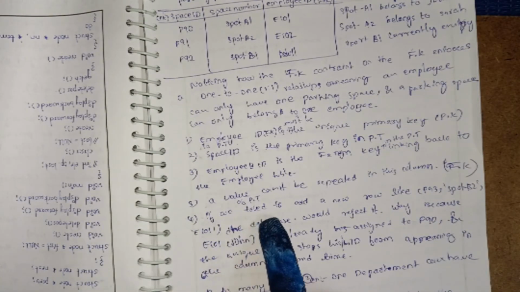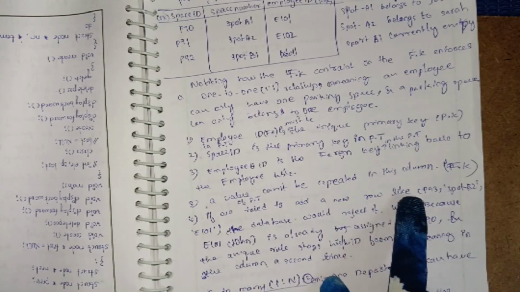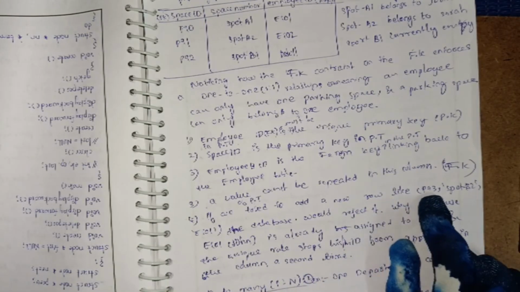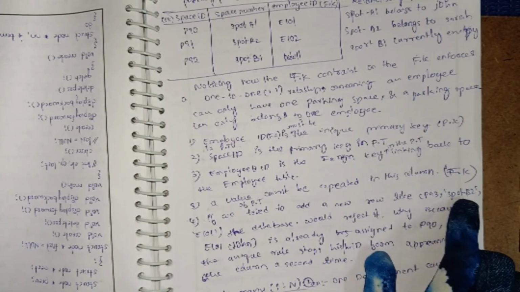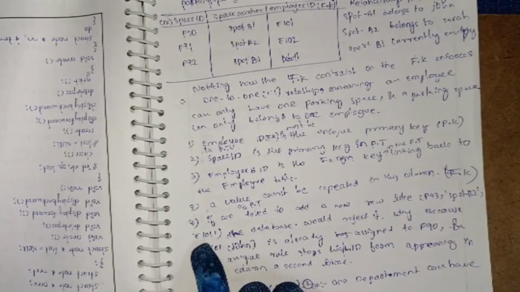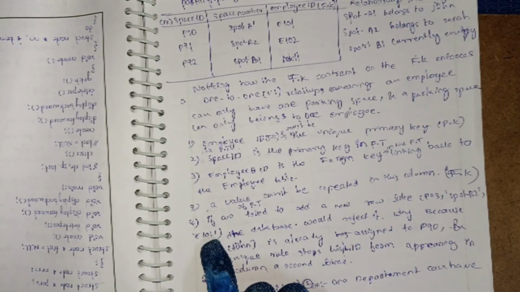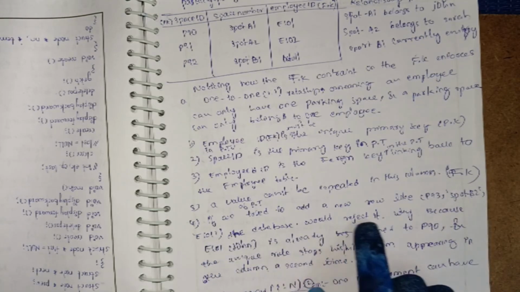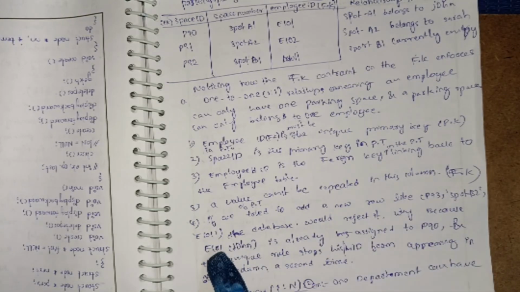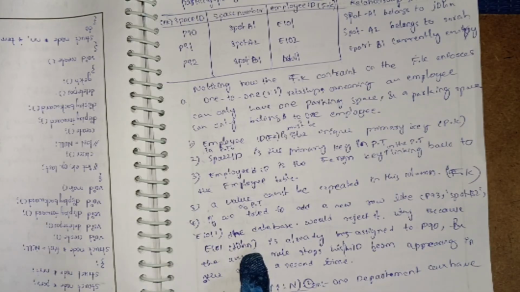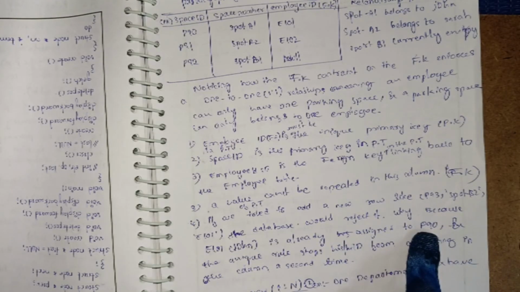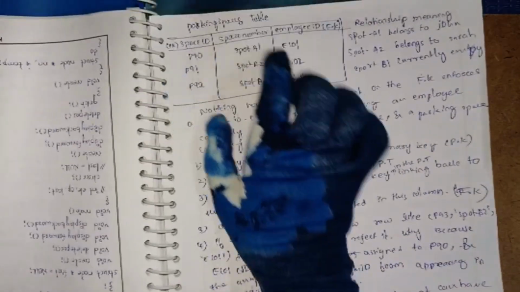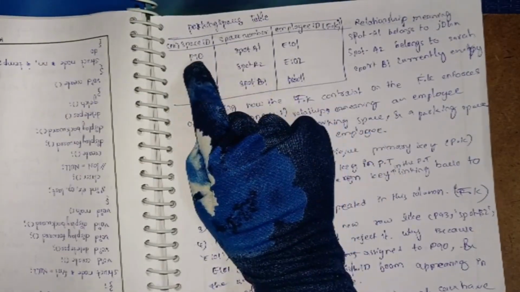If we try to add a new row like P93, spot B2 and E101, the database would reject it. Why? Because E101 is already assigned to P90.